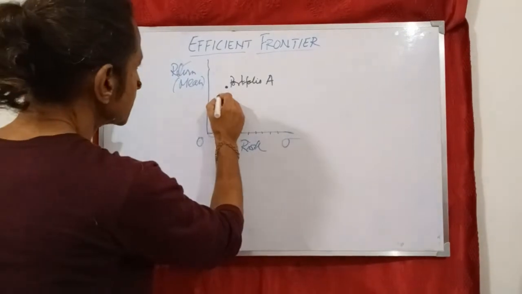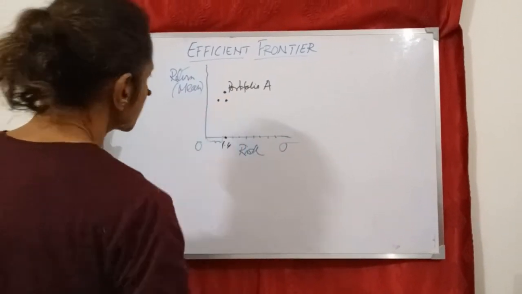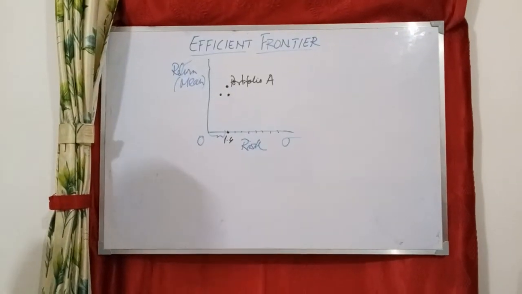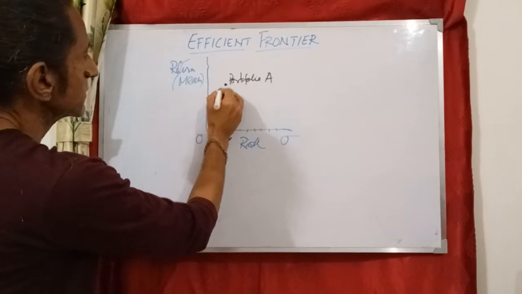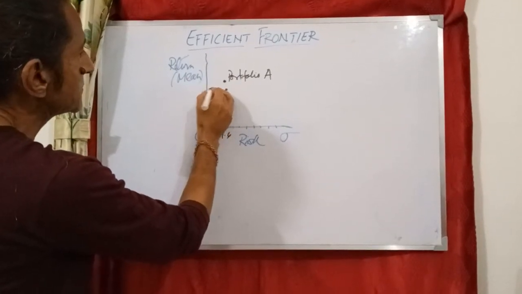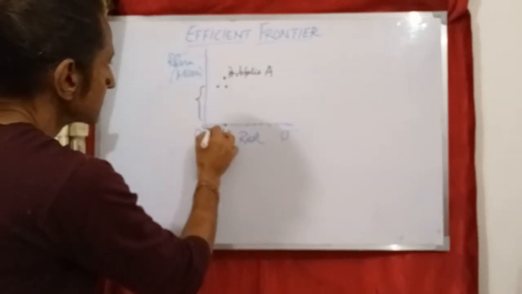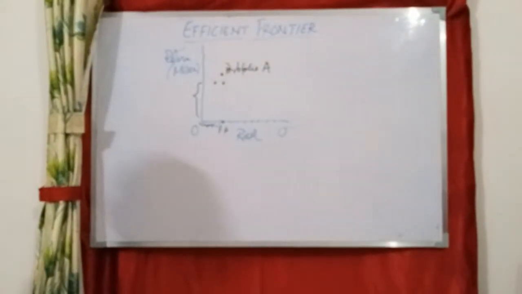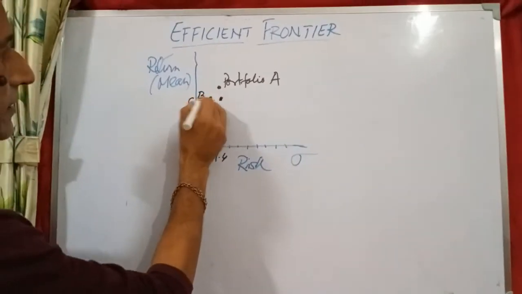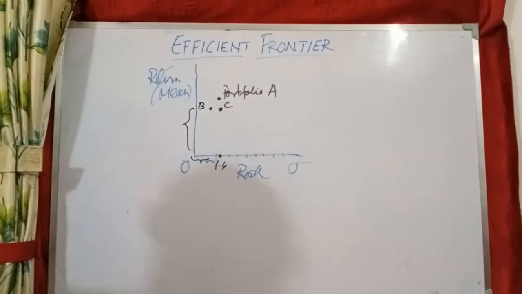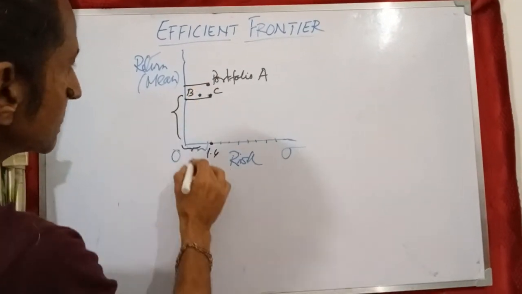Suppose we take here one portfolio and here one portfolio. You see, this portfolio gives lesser return and lesser risk. This portfolio, this is say B, this is C. This portfolio gives lesser return with the same risk.